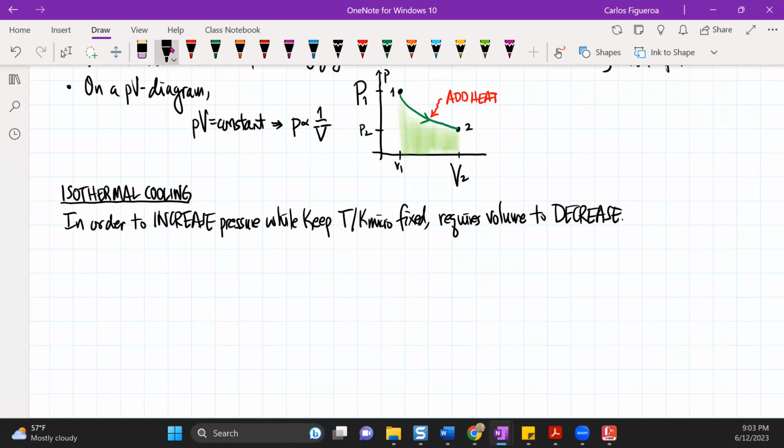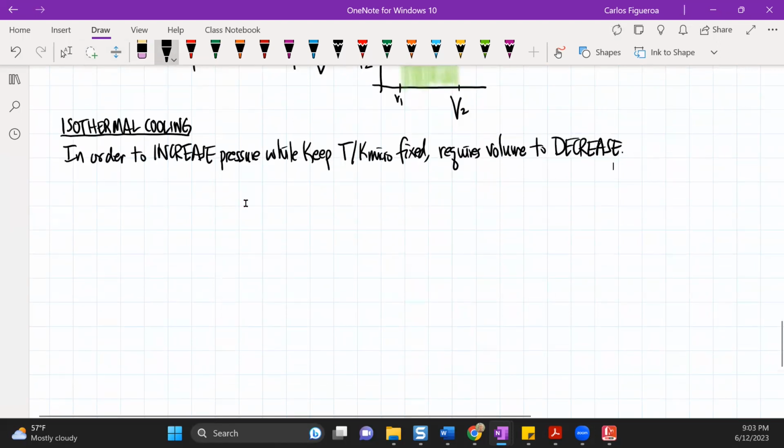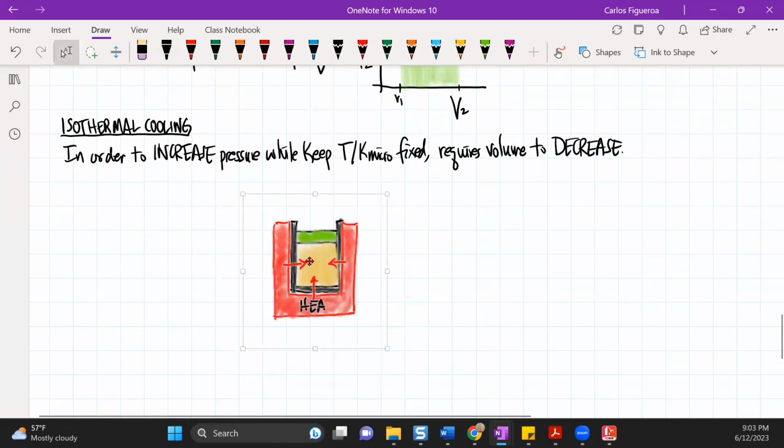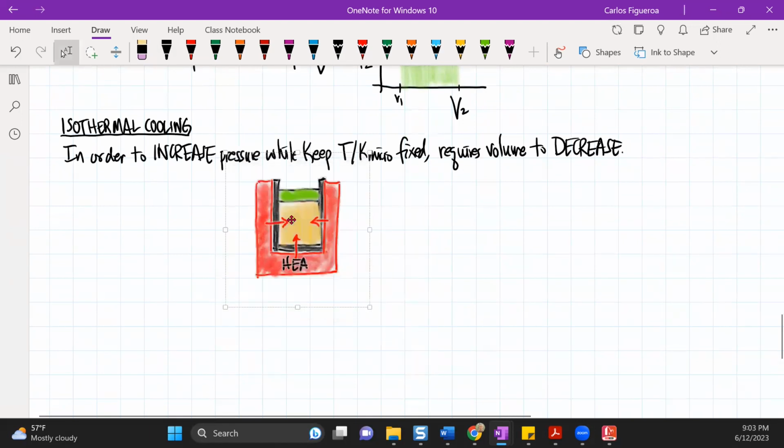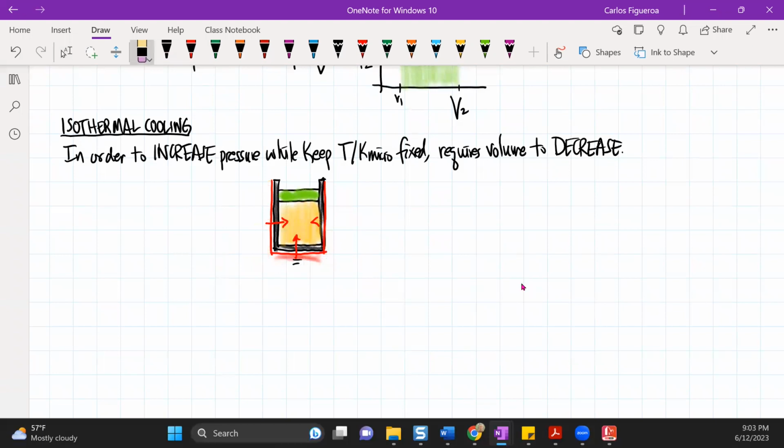So now I have to modify my piston picture. So let's go look at my piston picture. It's looking like this here, but now we don't have a heat source. We're talking about cooling.